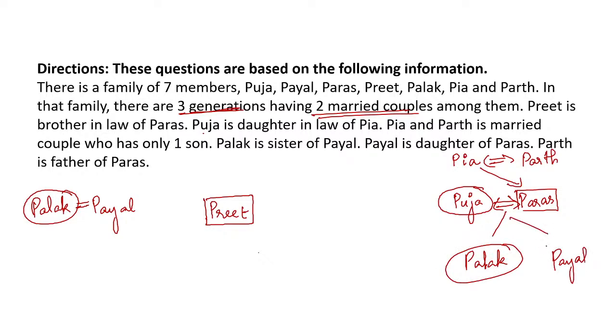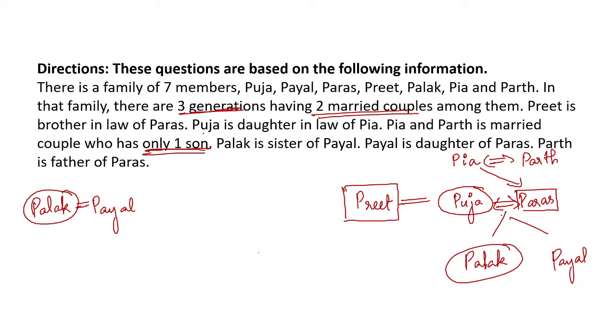Okay. Now only Preet is left out, and they have told Preet is a brother-in-law. Brother-in-law means sister's husband. Now they have clearly told that he's the only son. So the other possibility of having a brother-in-law is Paris' wife Pooja's brother is Preet. Okay. So Preet comes here, who is Pooja's brother.